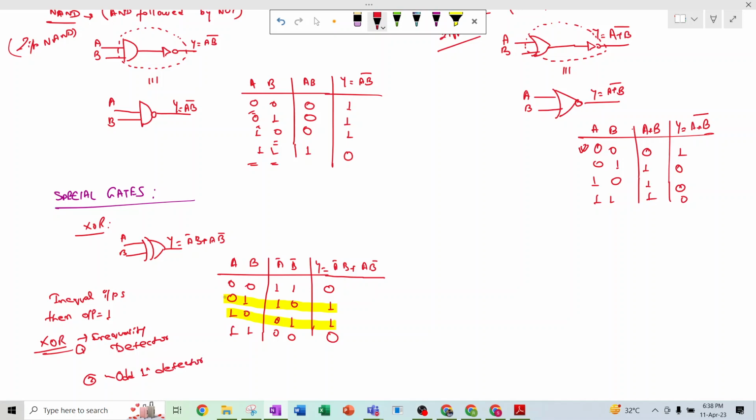For 0 and 1, the number of 1s is 1, right? There is only one 1. Here also there is one 1. Here there are two 1s, and here there are zero 1s. So if there is an odd number of 1s, it can easily detect that, meaning the output will be 1. So the XOR gate is also known as the odd one detector. So this is the basic thing.